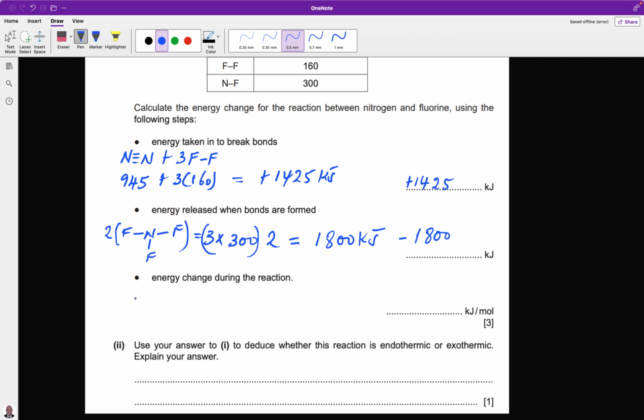Energy change will be energy in bond breaking minus energy in bond formation. So, energy in breaking bonds minus energy in bond formation.